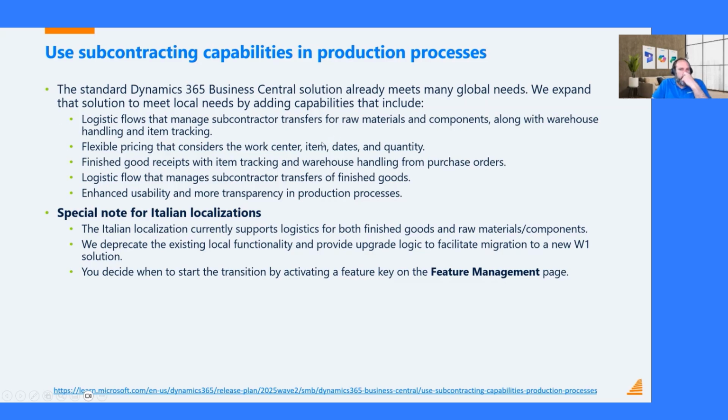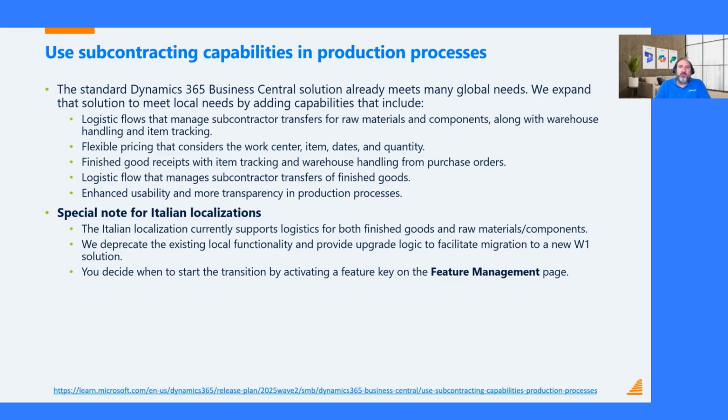But what this feature change is going to do is give you the ability to do warehousing features on subcontracting. What subcontracting is in the production process: I have something that I'm manufacturing and I need to take this item and send it to someone else, and they will paint it, powder coat it, anodize it.